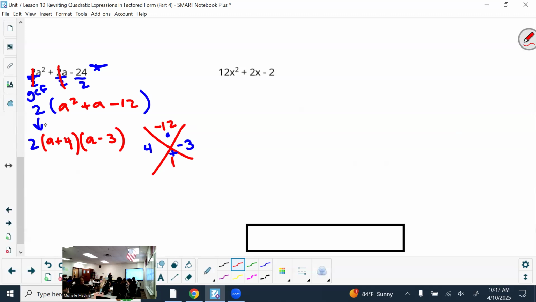My leading coefficient is not the GCF. If I were to keep dividing, my A was 1, and dividing by 1 doesn't change it. That's why we didn't really talk about it before, but really it is the same step. And then slide in your remaining denominators in front. This is our factor.